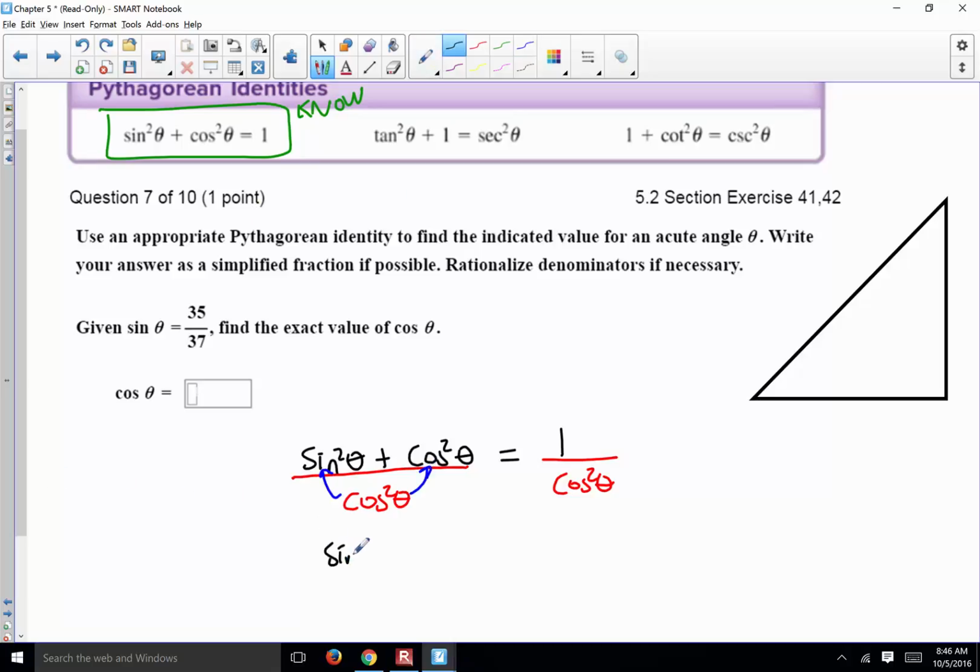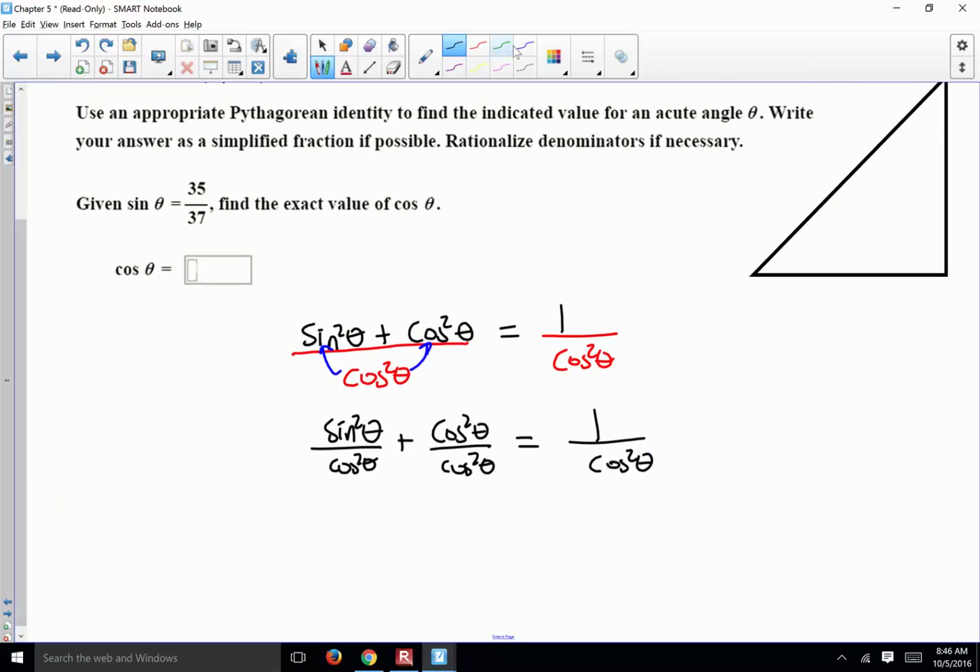Sine square over cosine square plus cosine square over cosine square equals 1 over cosine square, right? Agree? Now, what is cosine square over cosine square? They are the same, they cancel and become 1.